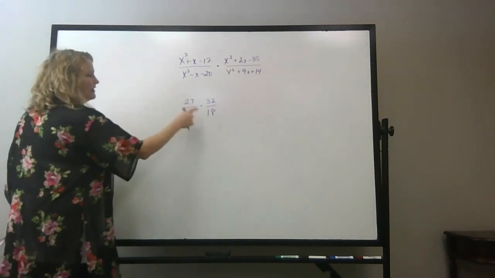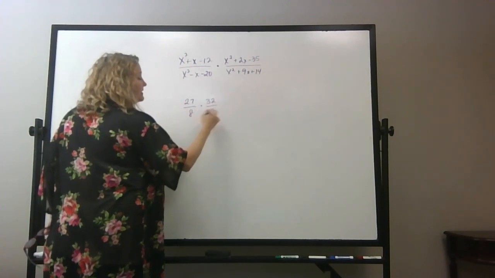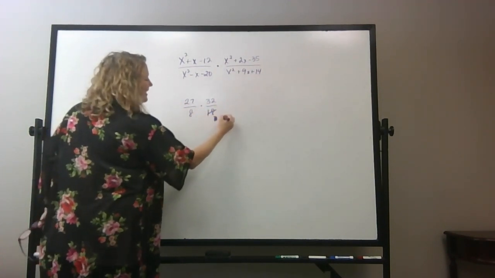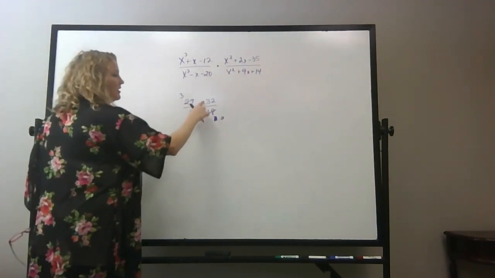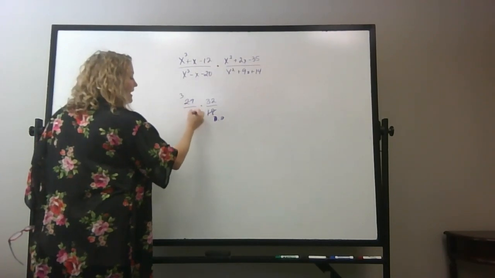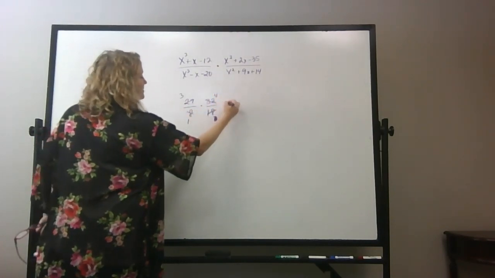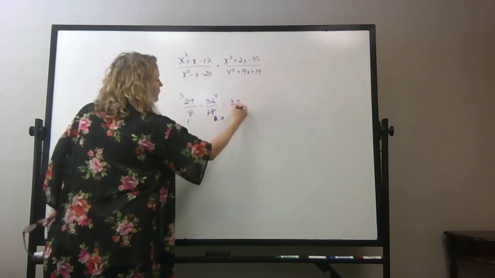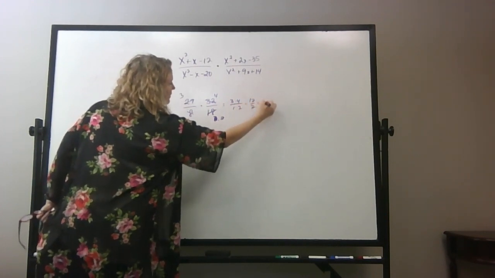I would see that these are both a factor of 9, right? And so I would divide this by 9 and get, not 3, I would get 2. I would divide this by 9 and I would get 3. I can see that these right here are both divisible by 8. 8 goes into here 4 times. So now I just have the 3 times 4 over the 1 times 2.